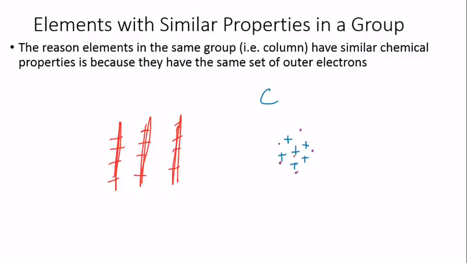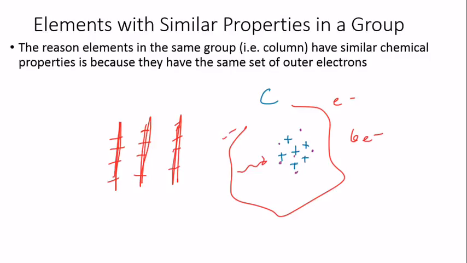And if this is neutral, for every proton I have, I need to have the same number of electrons in a cloud outside. So since I have 6 protons, I'm going to give it 6 electrons. 1, 2, 3, 4, 5, 6. Cool.